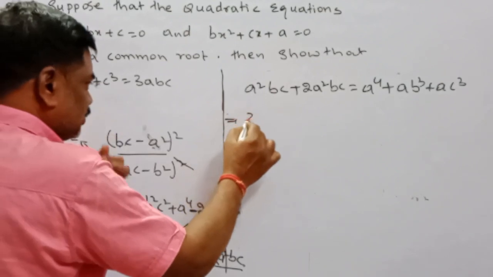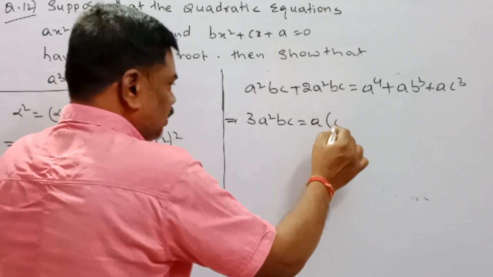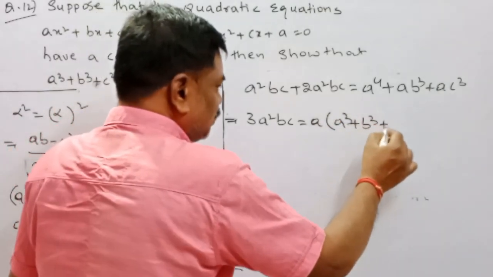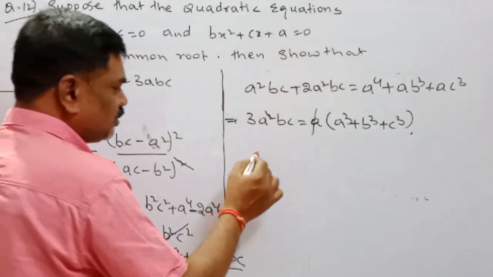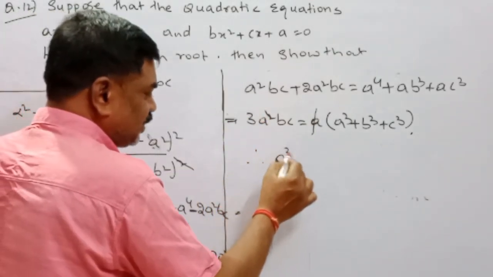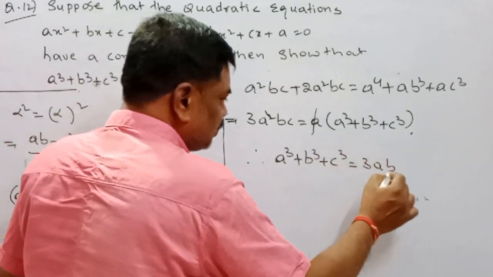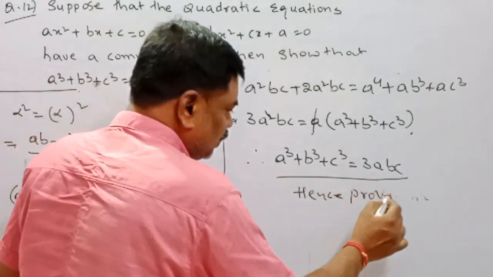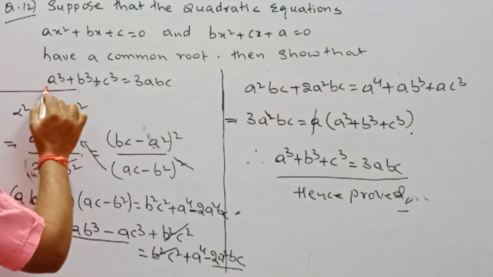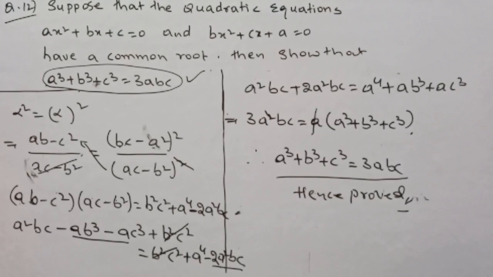This is 3a square bc equal to a common, a cube plus b cube plus c cube. Here one a cancels on both sides. Therefore, we can write a cube plus b cube plus c cube is equal to 3abc. Hence proved. That's all.